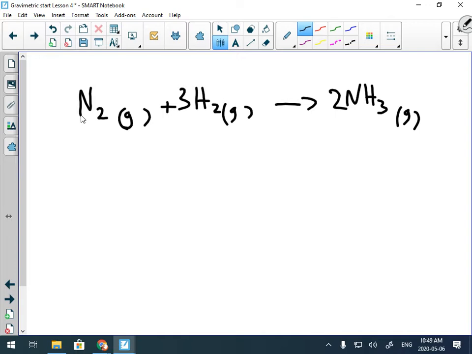If you were to weigh out, I know this is a gas, but let's just pretend, 10 grams of nitrogen, by the end of today, if you watch all the lessons, or by Monday, you would be able to predict exactly how many grams of ammonia you would make.